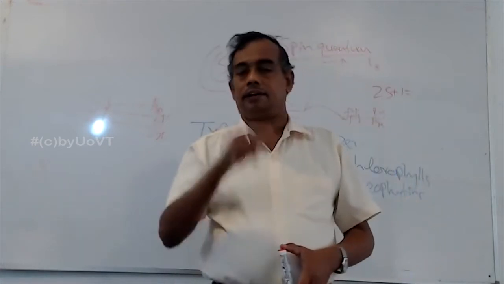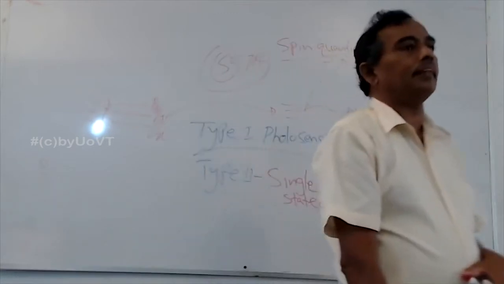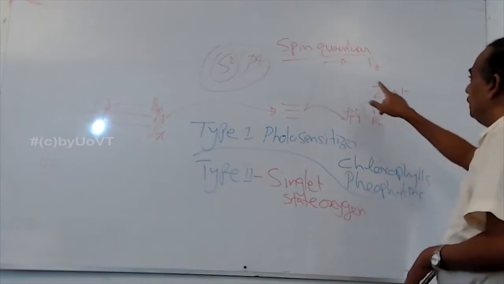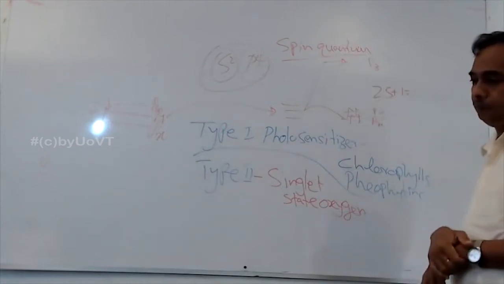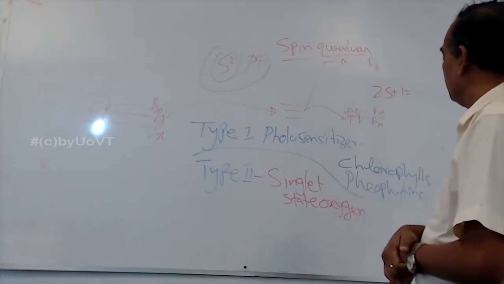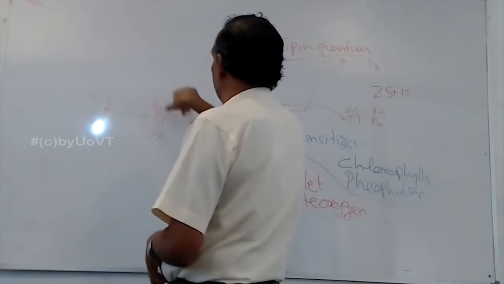We are going to just explain what a singlet state is. Then you apply 2S plus 1 here. S means the spin quantum number. We are going to calculate the total spin quantum number for this system.